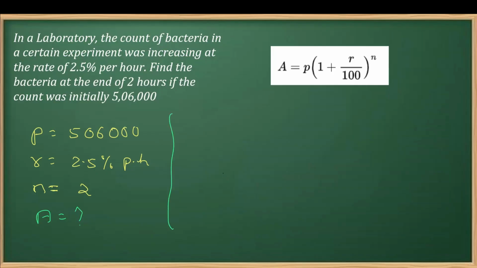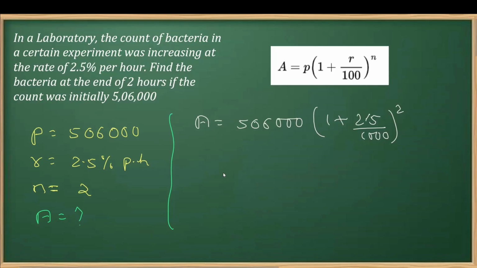So let's place the formula. So A is equal to what? P, and P is given as 506,000 bracket 1 plus R. R is how much? 2.5. This is 2.5 over 100, which we may also write as 25 over 1000, raised to the power 2.